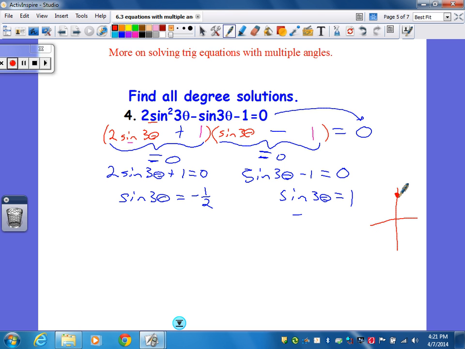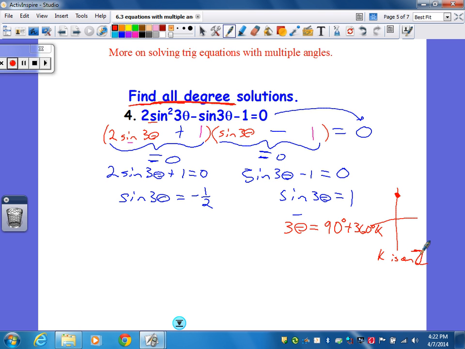And then what's the question asking? I should have said this earlier. Find all degree solutions. So we know that 3 theta is equal to, since we're working with degrees, 90 degrees plus 360 degrees k, where k is an integer.